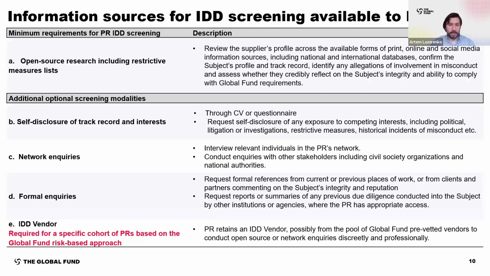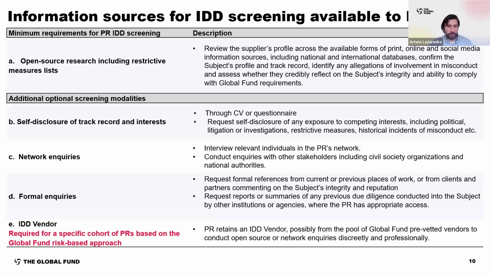There will normally be a database specific to that. In a country where human trafficking is a big issue, there might be a specific database with regard to that. So, for example, Kenya has a human trafficking and modern slavery database, which covers specifically the Kenyan individuals. All this comprises open source research, and it's one of the basic and best ways of conducting a basic standard of IDD.